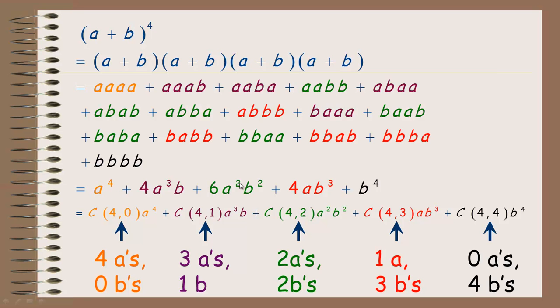But then we go b the first, b the second, b the third, b the 4th. Notice that the 2 exponents, like 4 and 0, 3 and 1, 2 and 2, 1 and 3, 0 and 4, always add to the power that you raise the binomial to.